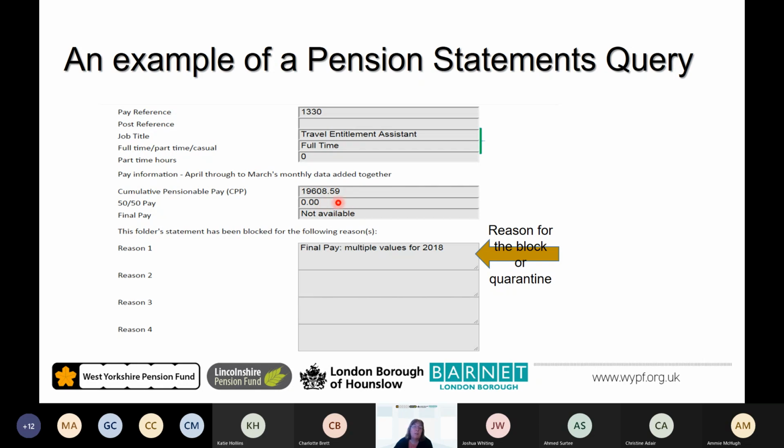This is the 50-50 figure that you've given us, and the final pay figure. Well, the reason for this block is the fact that we've got multiple values for the pay figure and we don't know which one is correct. So we are asking you to provide us with the correct pensionable pay figure so that we can move it forward and get the statement done.